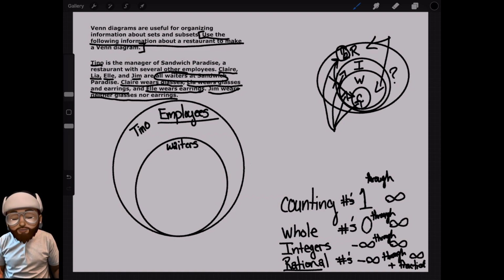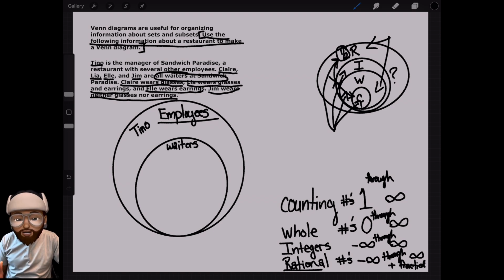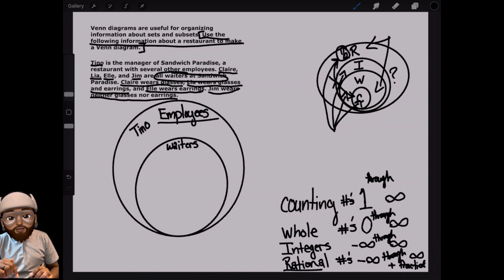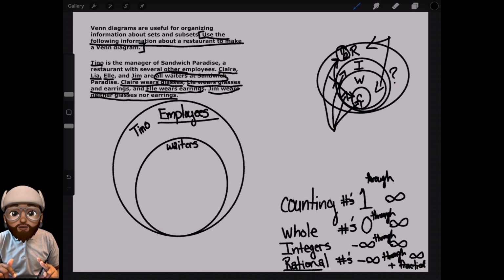All right. After we have this waiters circle, then we have Claire wears glasses, Leah wears glasses and earrings, Elle wears earrings, Jim wears neither glasses nor earrings. So what we need to do is in this waiters area right here, we know that we're going to have two more variables, glasses and earrings.